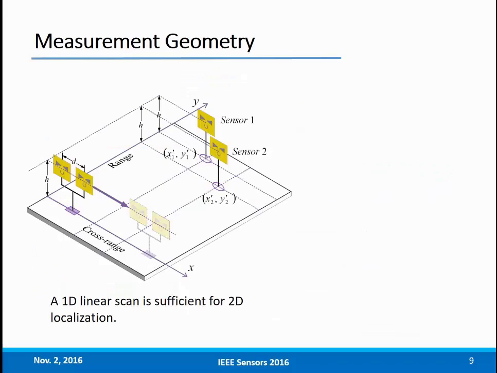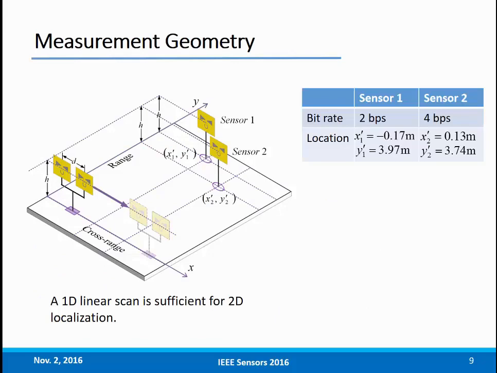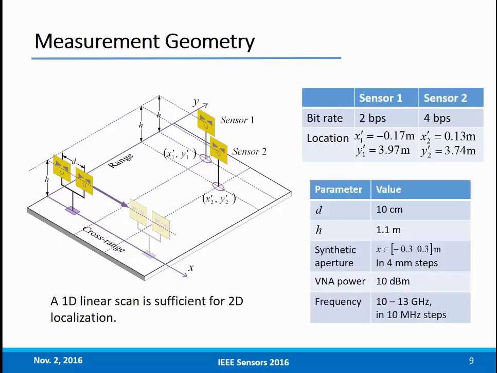This figure better explains the geometry of the lab measurement. The locations of the sensors are shown in the table. The distance between the transmit antenna and the receive antenna was 10 centimeters. All antennas were 1.1 meter above the ground. The synthetic aperture was defined from minus 0.3 meter to 0.3 meter in 4 millimeter steps to avoid spatial aliasing.